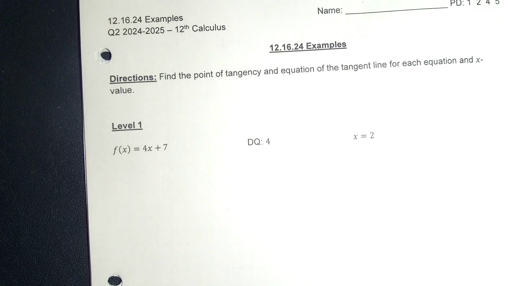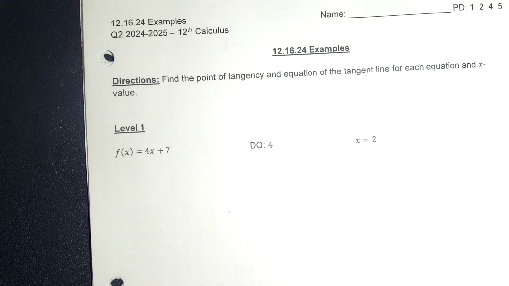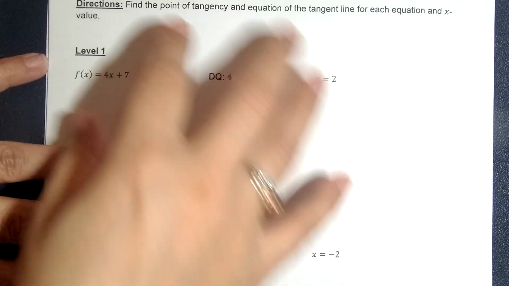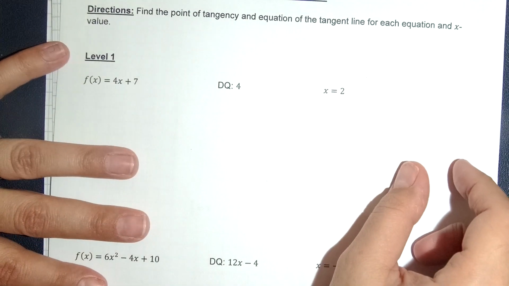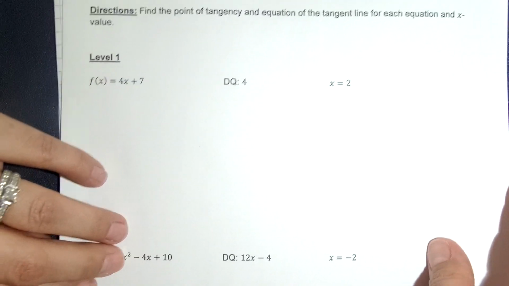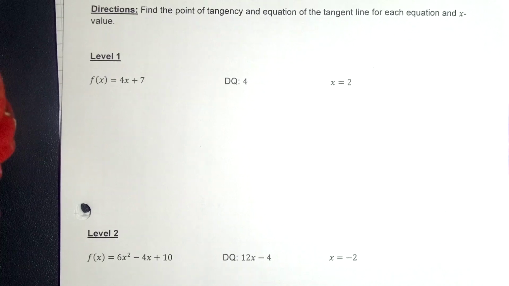Okay. All right. So let's look at example 1. All of these are asking us to find the point of tangency and the equation of the tangent line. Now, seniors, this is going to be 3 standards on your quiz: the difference quotient standard, the point of tangency, and the tangent line. They're all 3 standards because they all combine together.